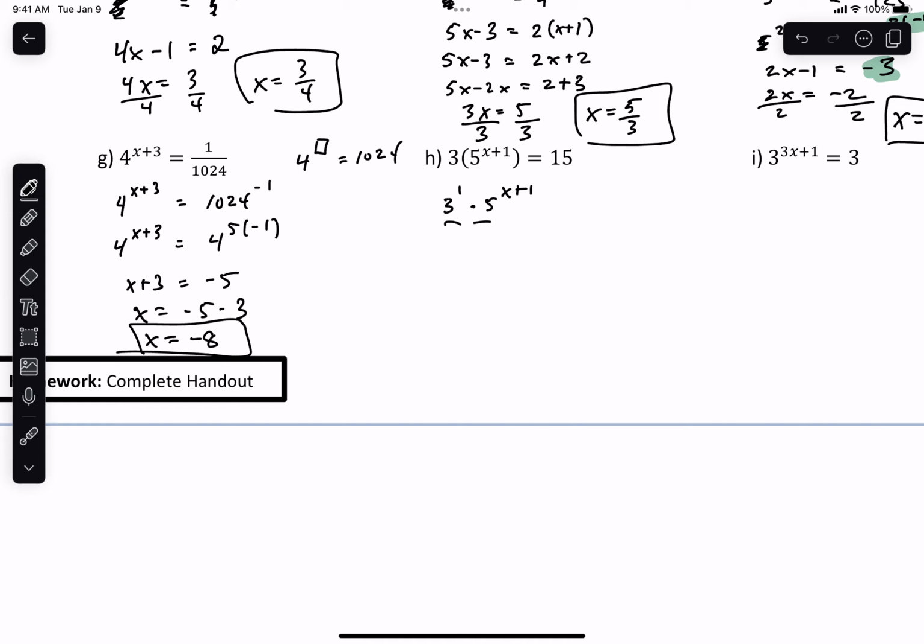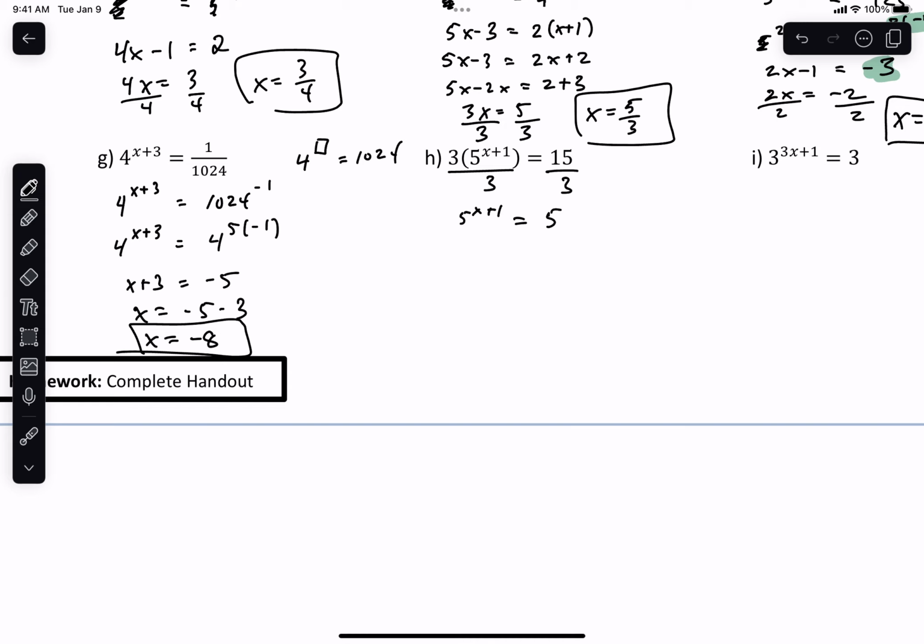No. So you are not distributing that 3 to the inside of that bracket. Gabe? You divide both sides by 3. That deals with the 3. And wow, look, we get 5 to the x plus 1 is equal to 5.